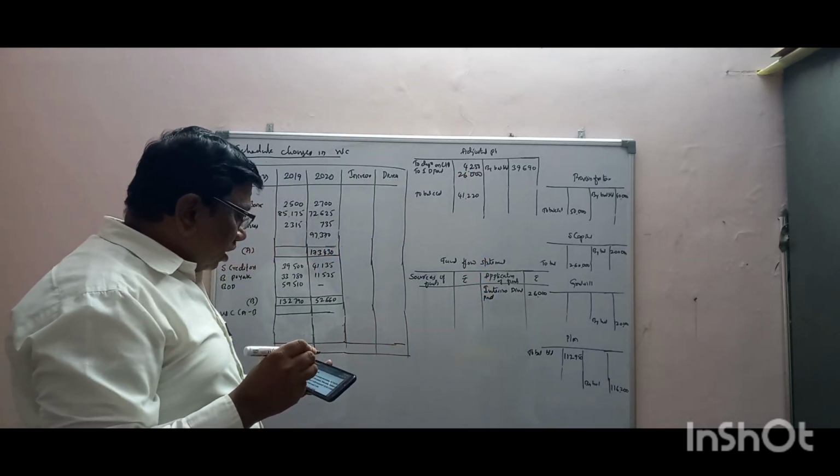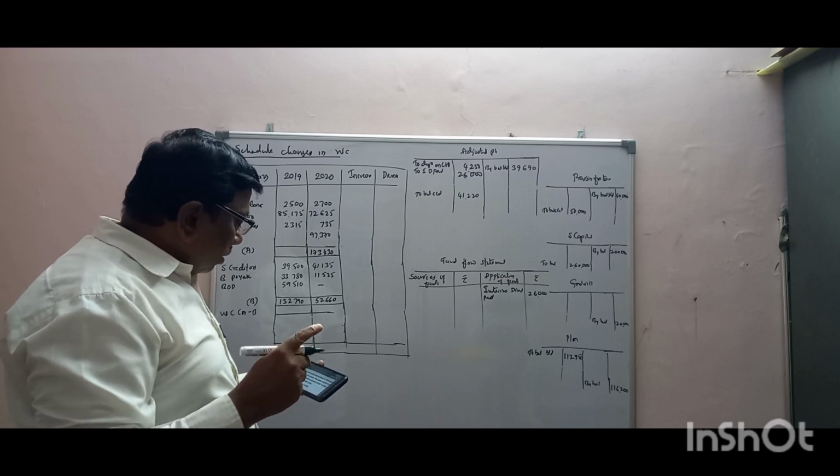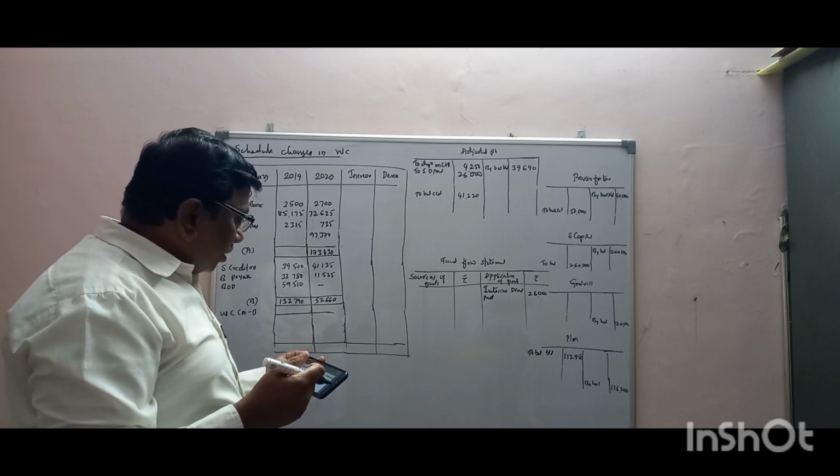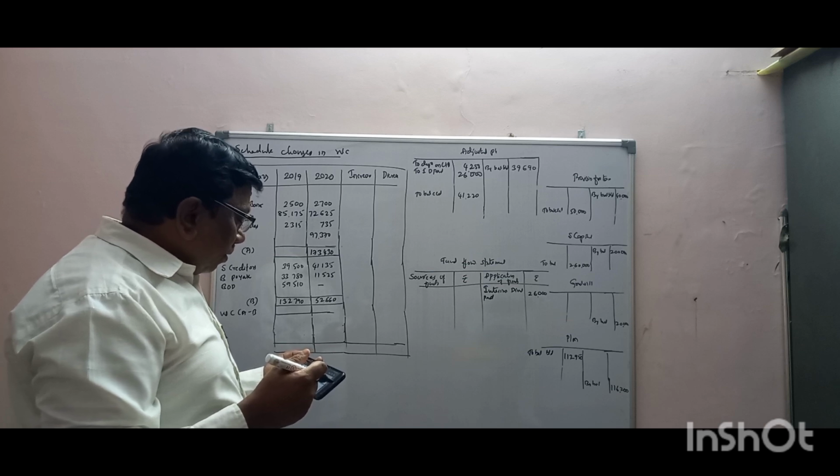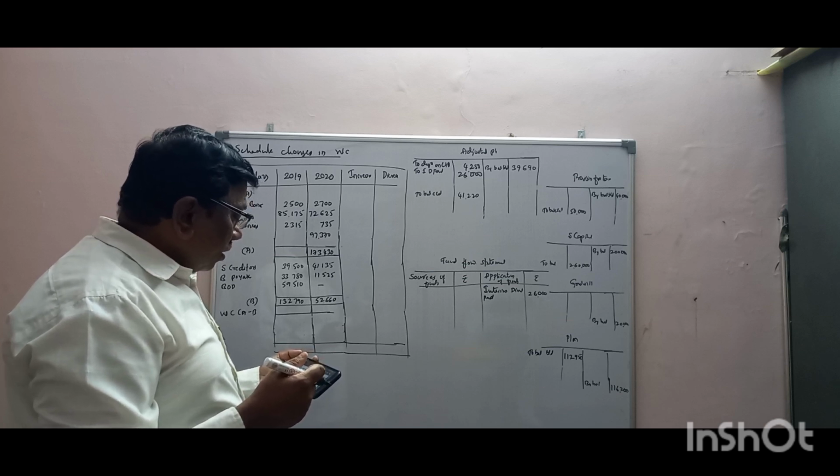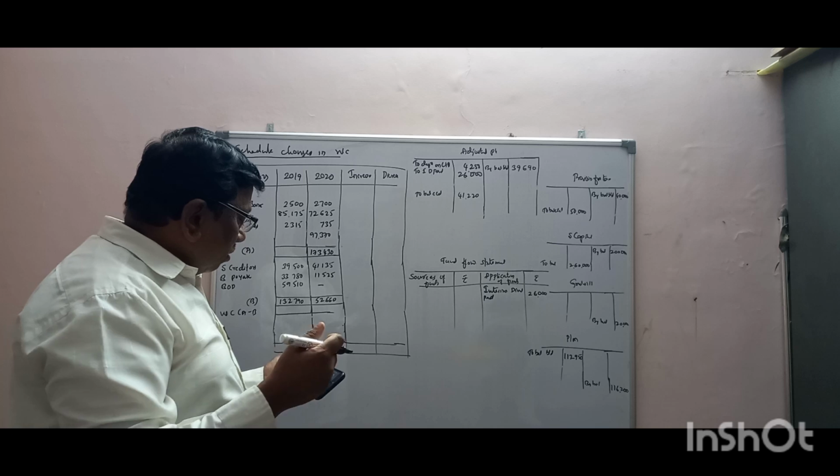The assets of another company were purchased for rupees 60,000 payable in fully paid shares of the company. They are issuing fully paid shares.